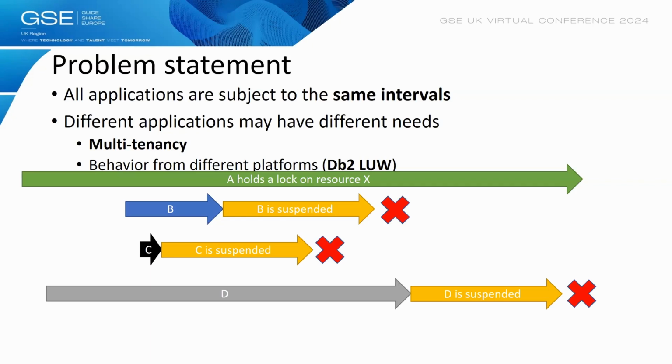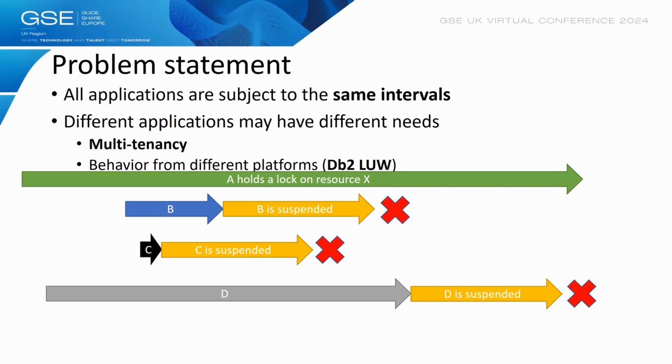So maybe now your applications have different requirements. Again, most likely it's not a problem until you start consolidating or you are getting new applications from other platforms. Actually, the behavior that was implemented here comes from DB2 LUW, which has had this feature for some time already. So that's where this is coming from.